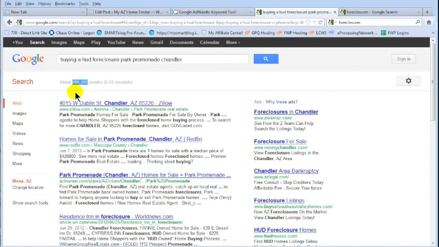Now I've got something that I can compete against, because 486,000 isn't a huge number for me to try to crack for getting my website found, especially if I have a website that's about Chandler. I have a real good shot at competing for this specific term.